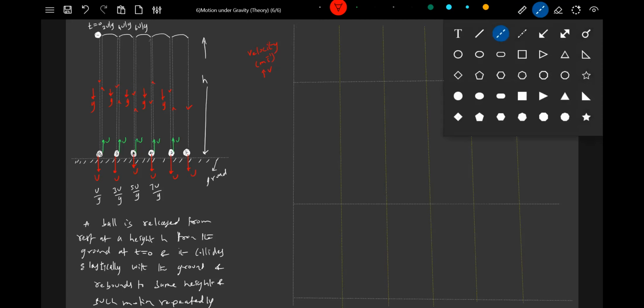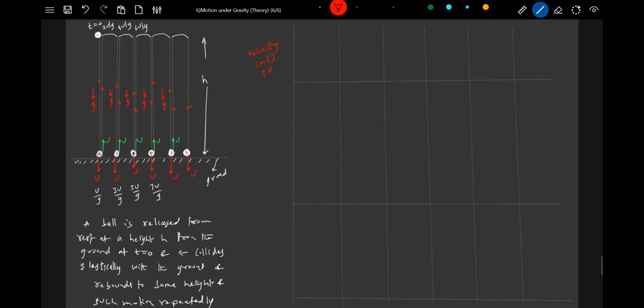So the graph will be, first, the velocity directed vertically down. I'll take it as positive.